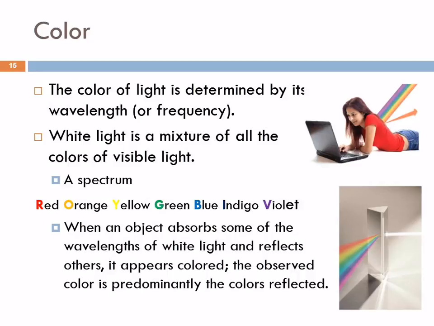Dyes are generally organic compounds that you can tweak their structure a little bit and cause them to change colors. They have a makeup that causes them to reflect and absorb different colors of light, different wavelengths of light. And that's a whole science in and of itself.